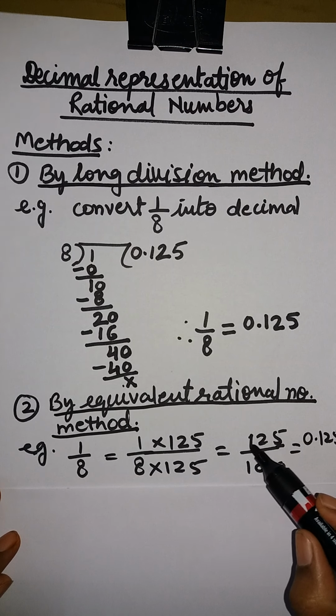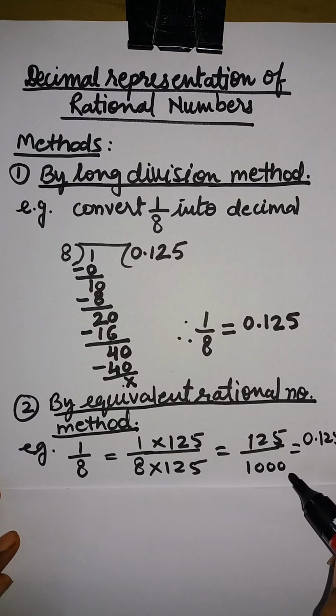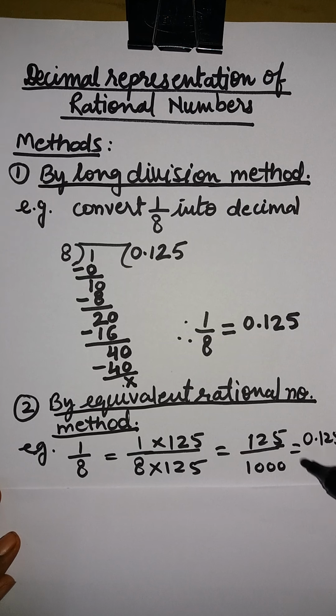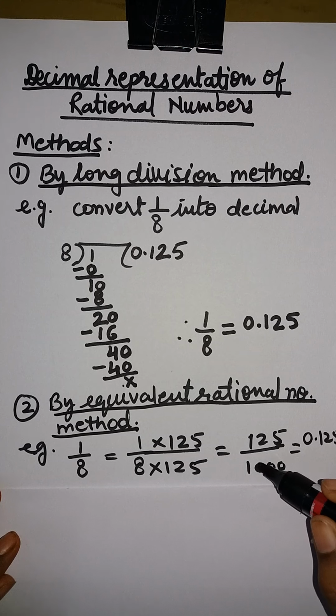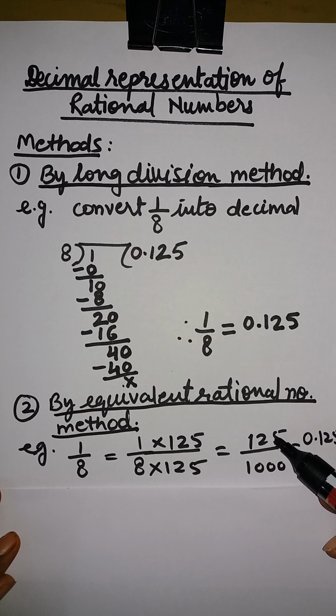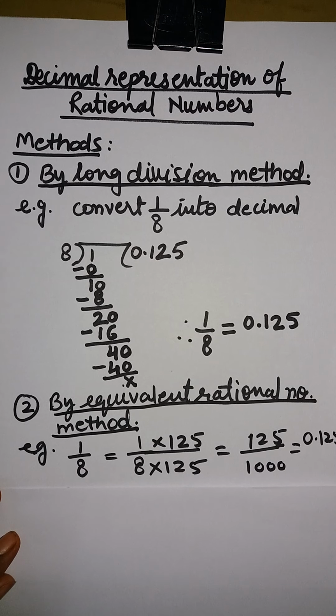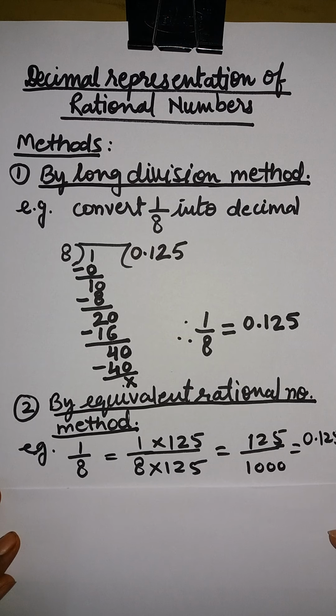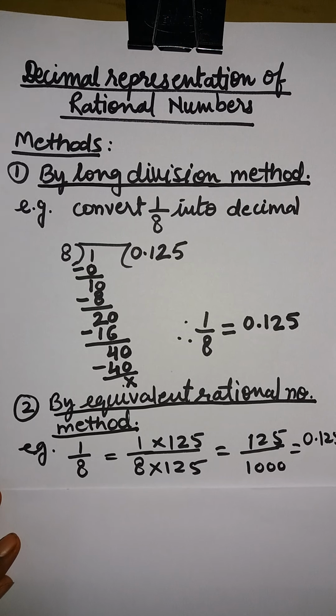So we have got 125 upon 1000, and we can write it in the form of a decimal. Each 0 in the denominator represents one decimal place in the answer. So 1000 has three 0s, which says that 3 decimal places are there, and then we put the decimal point.